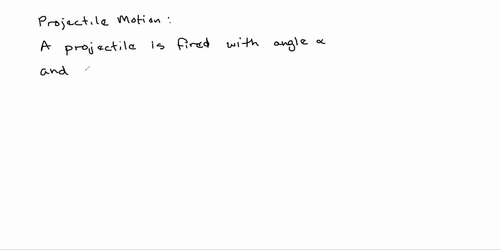What we're going to do is suppose a projectile is fired with angle alpha and initial velocity v naught.